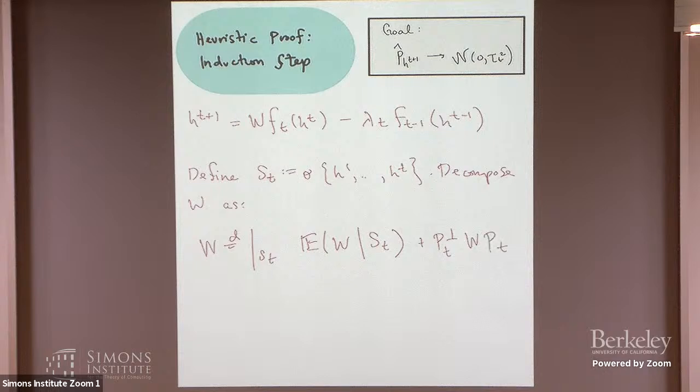So here, what am I saying? I'm thinking of PT equals orthogonal projection onto the span of H0 through HT, and PT perp is just I minus that.